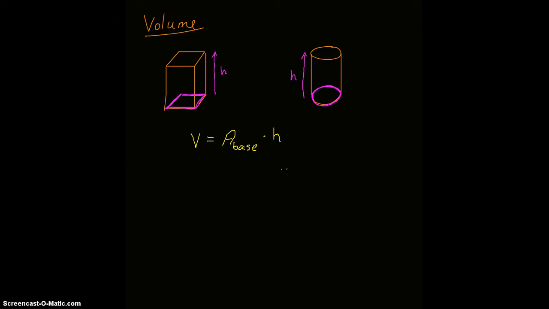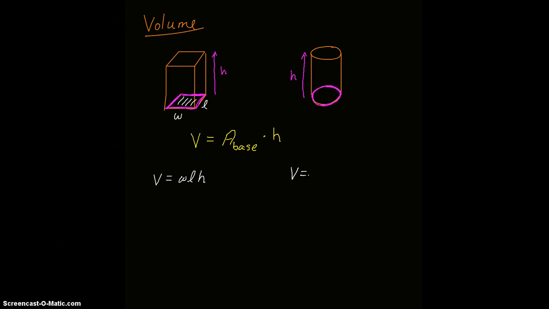Well, we already know the area of the bases. If I take a look at the one on the left, if this is W and this is L, what's the area of this base? Well, the volume over here would be, the area of the base would be WL, and I'd multiply that by H. Well, that's almost too simple. Let's look at the right-hand side. That has to be harder, right?